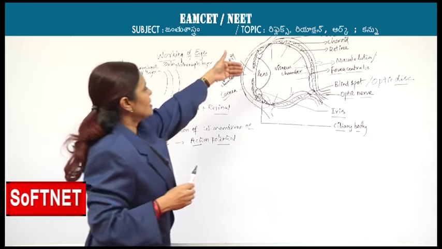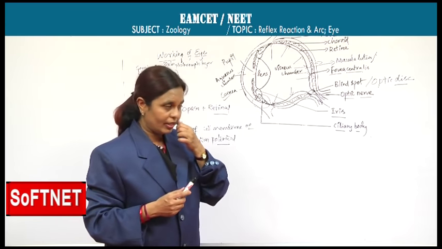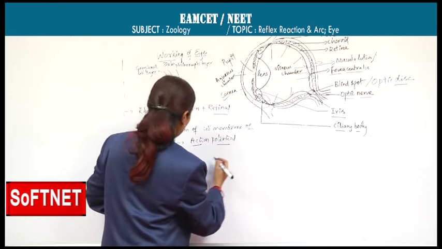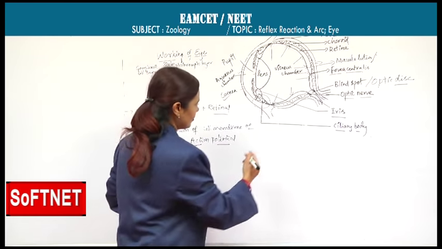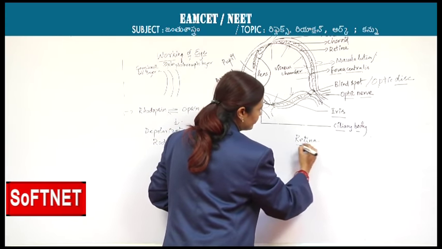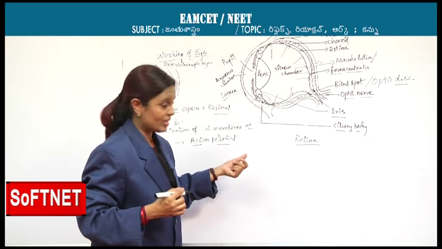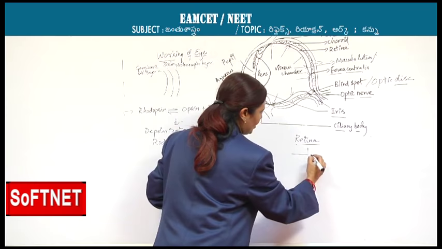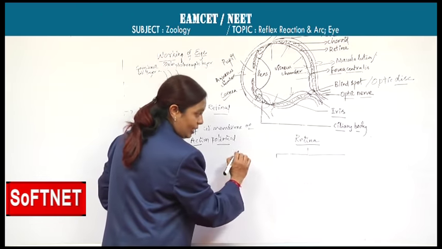Then, let us just discuss the sequence of layers of the wall of the eyeball. When you start with the retina, the innermost layer, how many layers does it have? When you consider the retina or nervous tunic as the innermost layer, it has how many layers? We discussed that the inner nervous tunic has 3 layers.